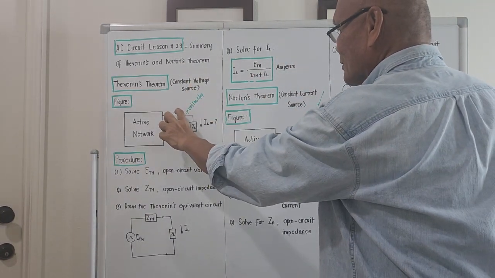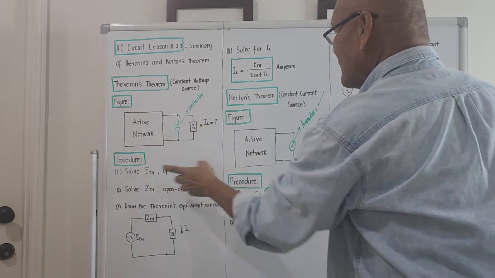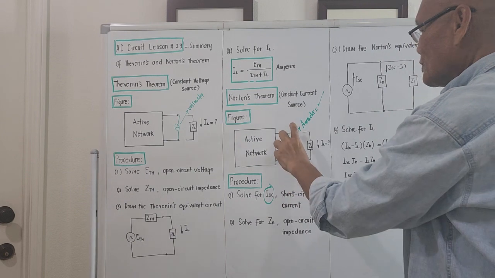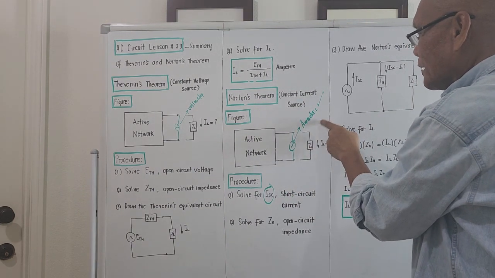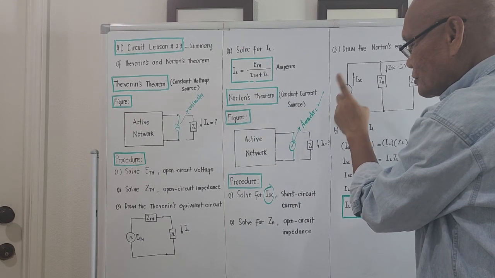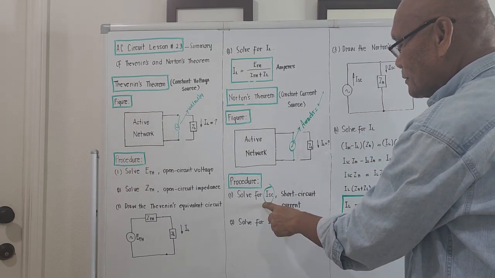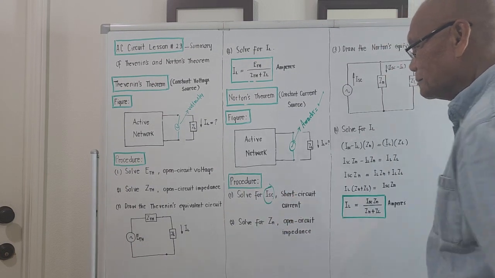Across the terminals, connect across it a voltmeter, so you will get E_TH. For Norton's, you short the terminal, but connect in series with it an ammeter and take the reading of the ammeter. And the reading of the ammeter is termed as I with the subscript SC, meaning short circuit current.